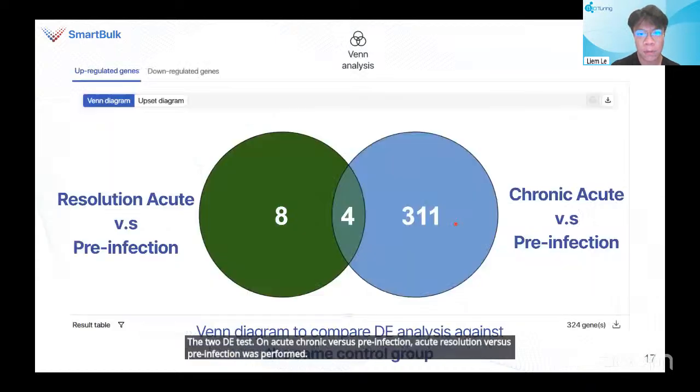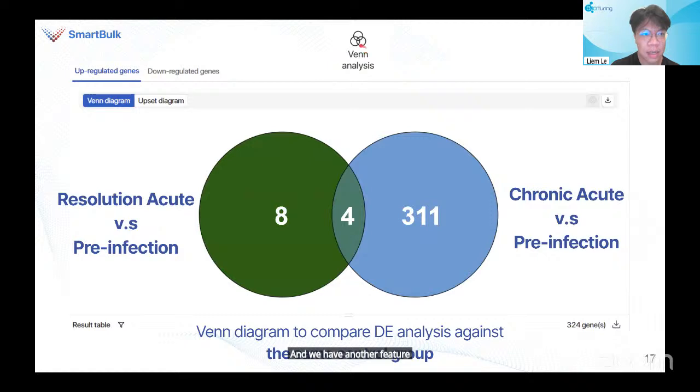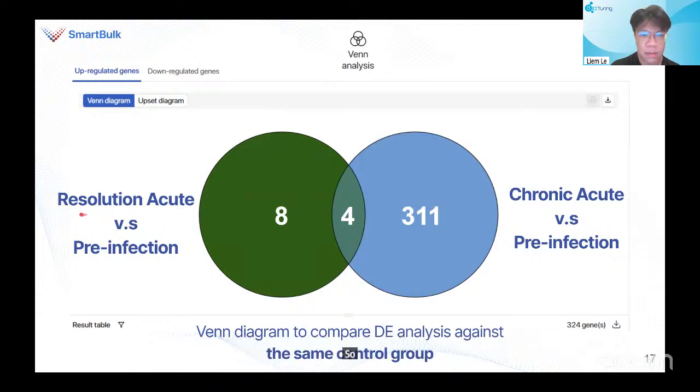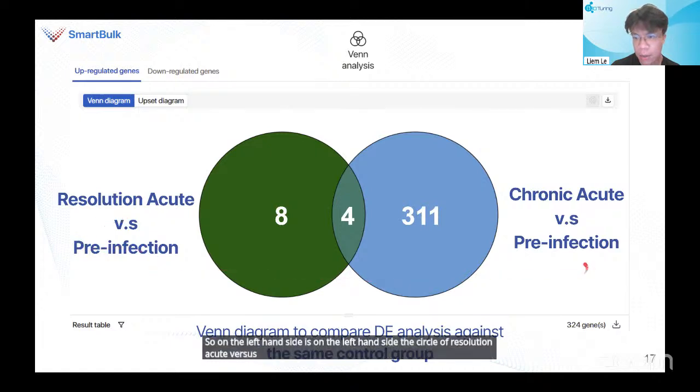And we have another feature called Venn analysis that helps you to visualize the two comparisons. On the left-hand side is the circle of resolution acute versus pre-infection, and on the right is the chronic acute versus pre-infection.